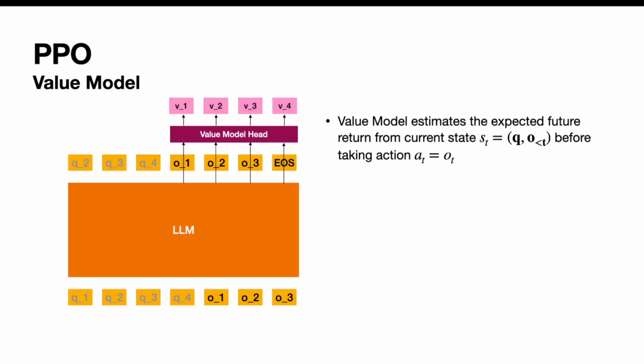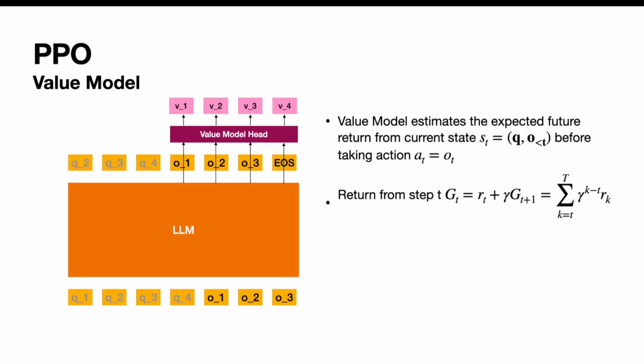Very often, the policy model and the value model share the same transformer backbone. The policy head predicts the next token distribution, while the value head predicts the scalar value. So, conceptually, we talk about a policy model and a value model, but implementation-wise, they may share most of their parameters.